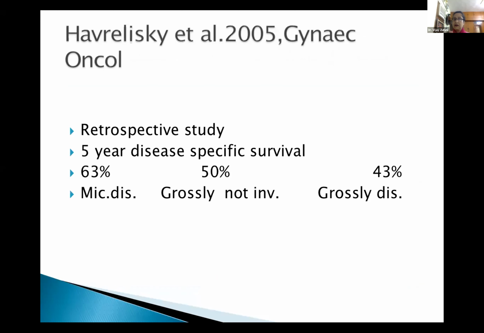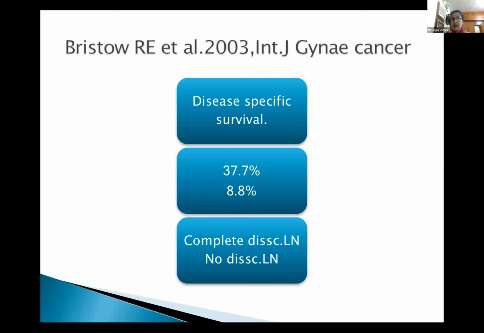Now, there are different retrospective studies. There are more retrospective studies which have supported that lymph node dissection has to be done in early stage cancer, like this one in 2005, where they said that if it is a microscopic disease, the 5-year disease-specific survival definitely goes down from 63 to 43%.